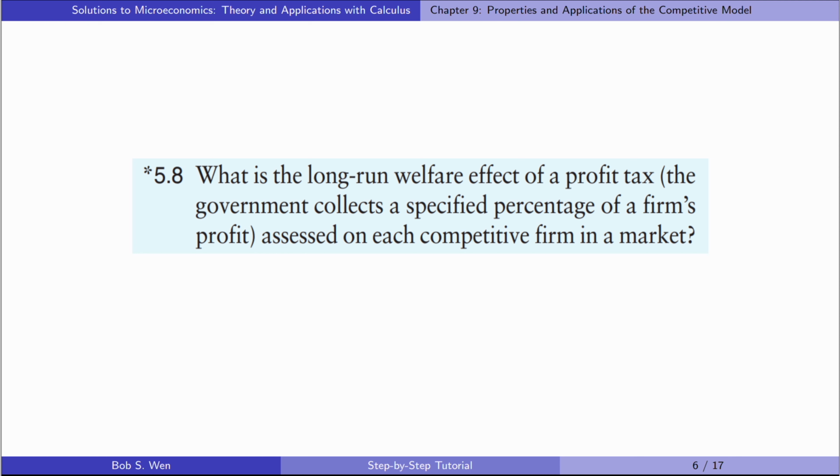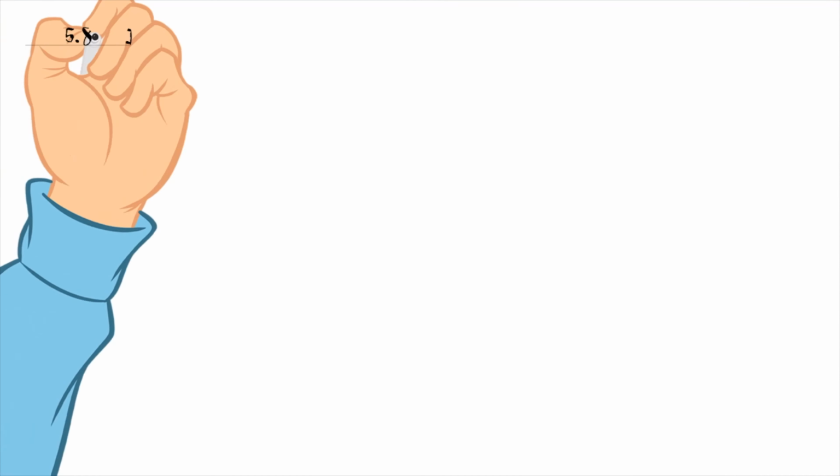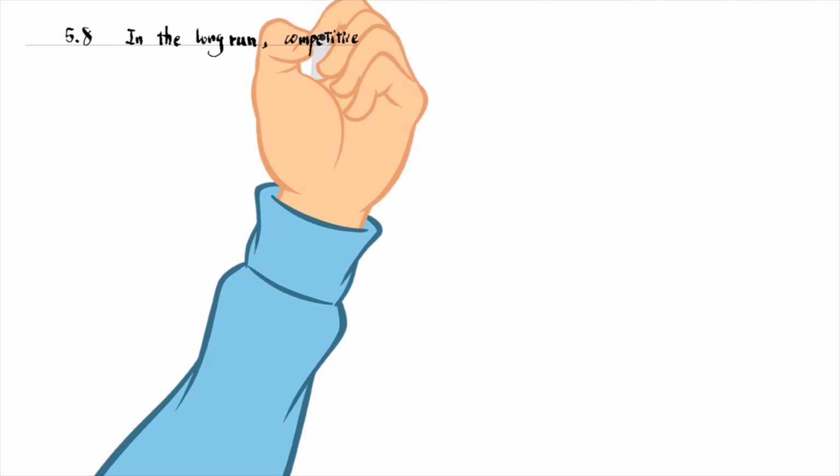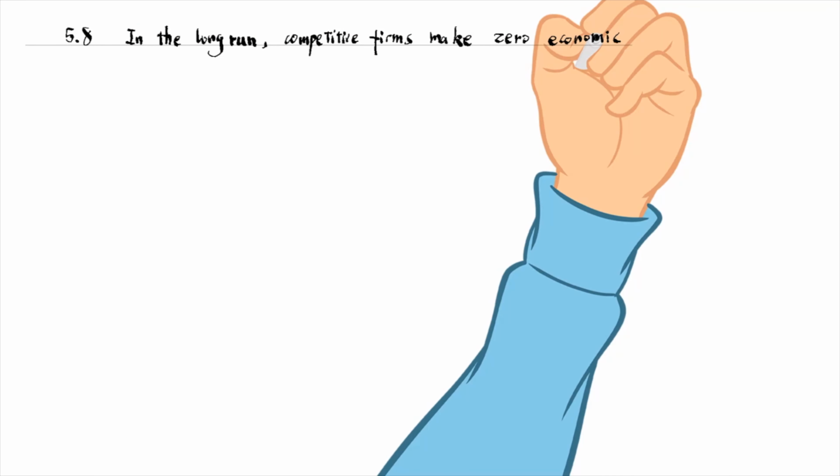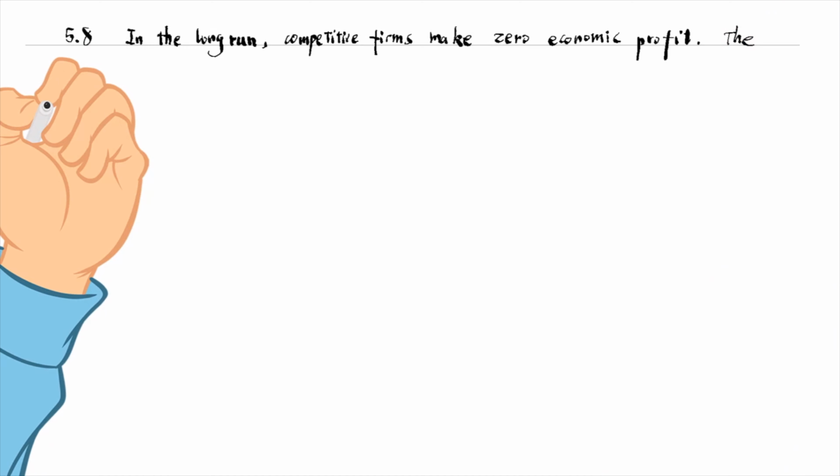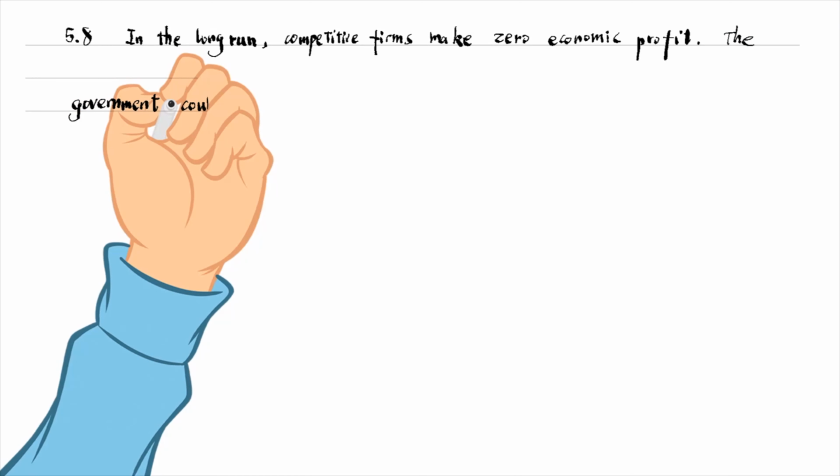Let's do exercise 5.8. What is the long-run welfare effect of a profit tax? The government collects a specified percentage of a firm's profit, assessed on each competitive firm in the market. In the long run, competitive firms make zero economic profit. The government could not collect any profit tax.